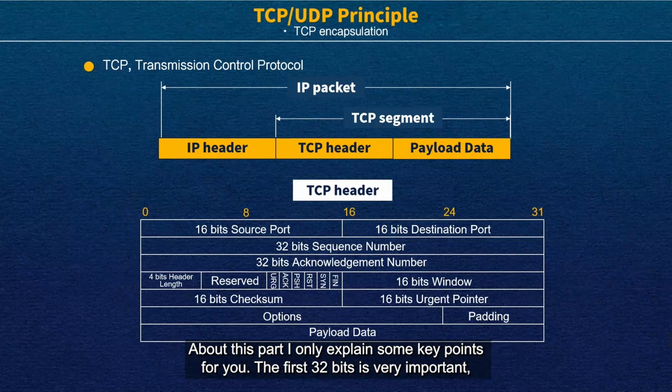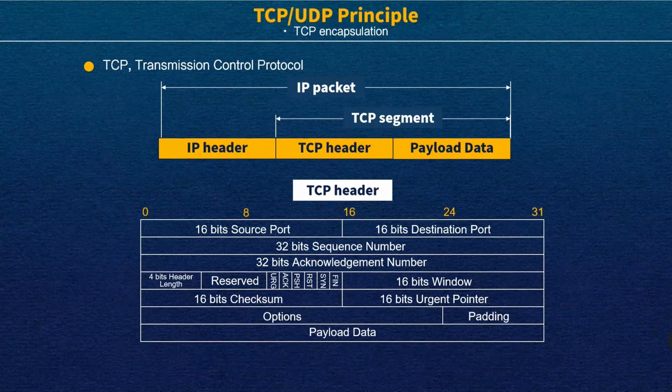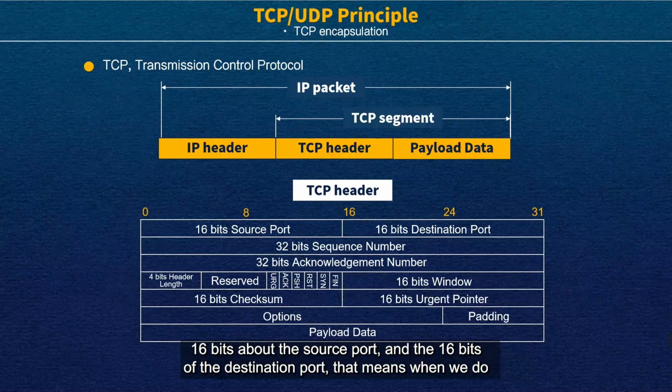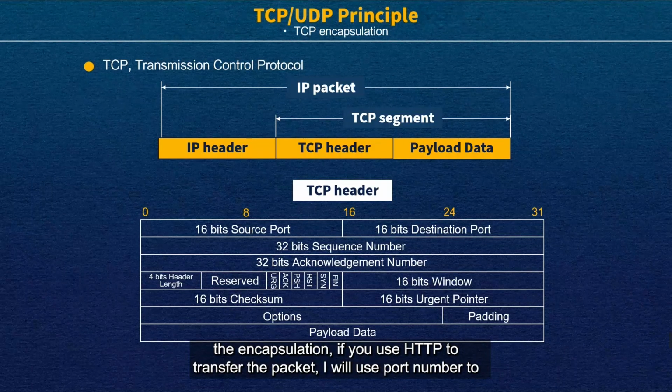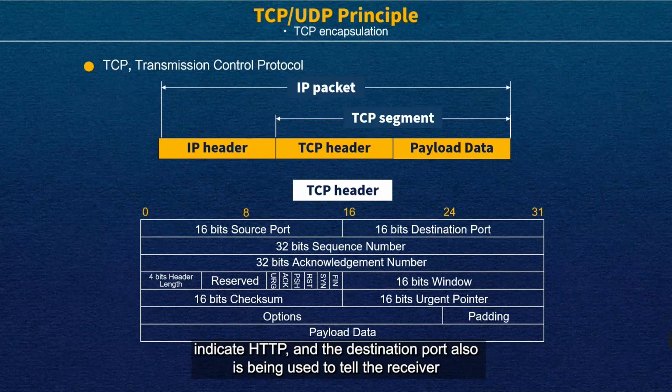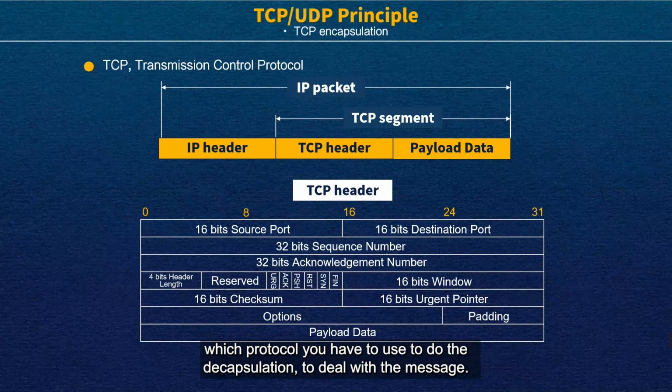The first 32 bits are very important: 16 bits for the source port and 16 bits for the destination port. That means when we do the encapsulation, if you use HTTP to transfer the packets, I will use the port number to indicate HTTP, and the destination port is also used to tell the receiver which protocol you have to use to do the de-encapsulation and deal with the message.